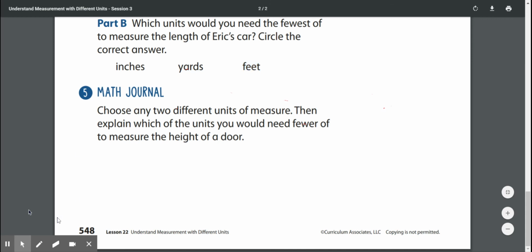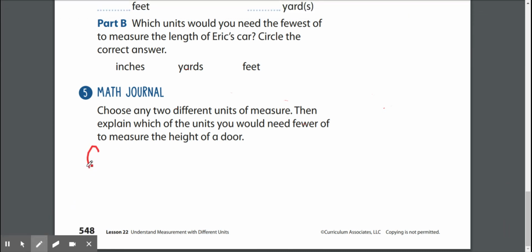So let's say I'm going to use feet, and I'm going to use yards. Okay, so I'm going to measure a door.